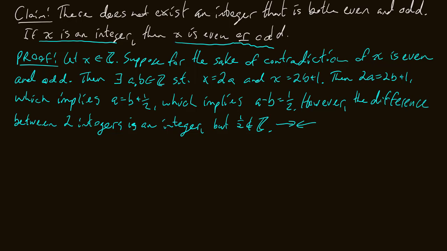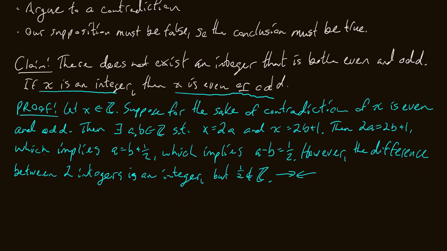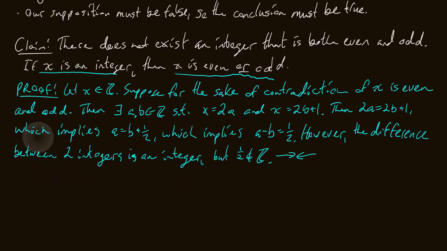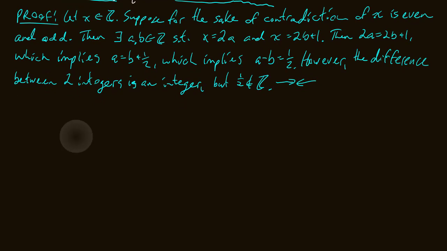Okay, let's go back and look at our contradiction formula. We said argue to a contradiction. We did that. Our supposition must be false, so the conclusion must be true. We supposed that x is even and odd, and we reached a contradiction, so we say, thus, our supposition must be false.